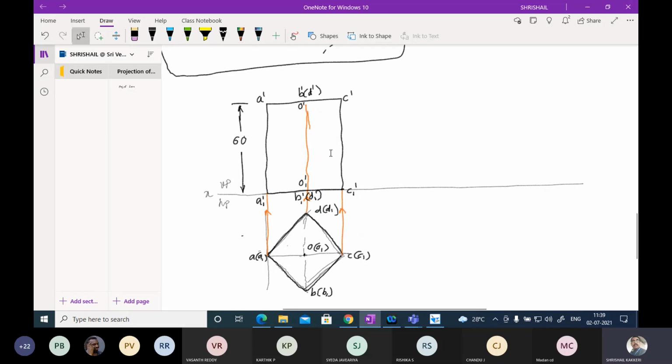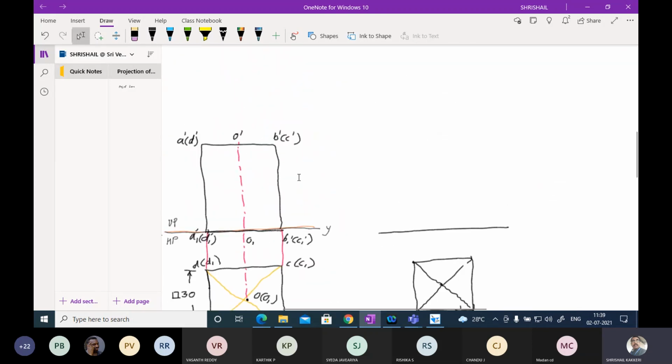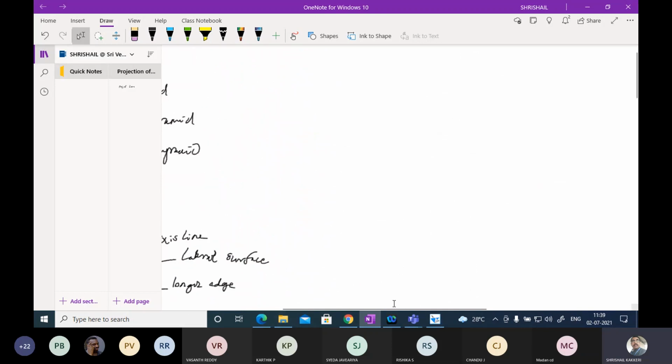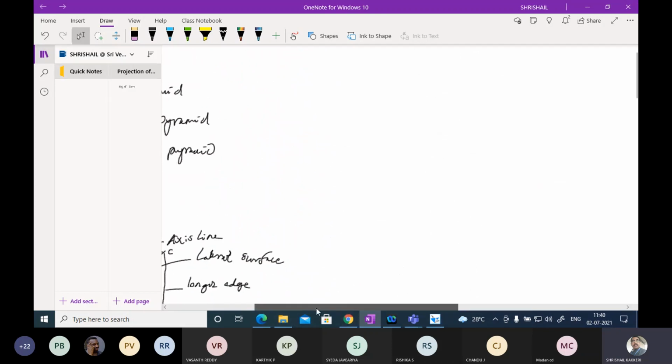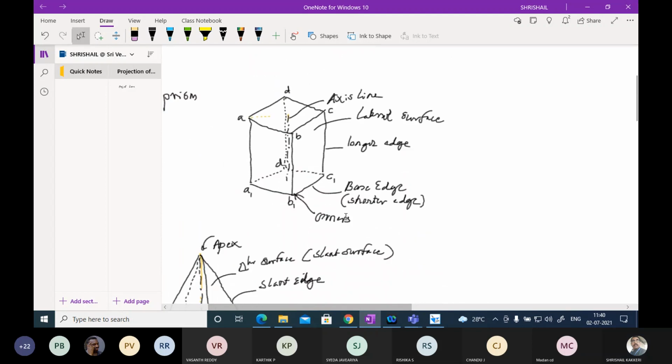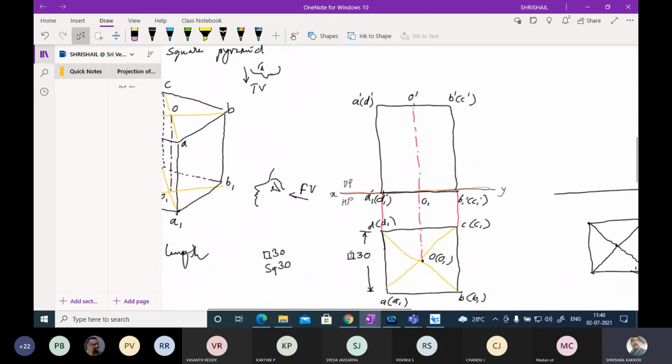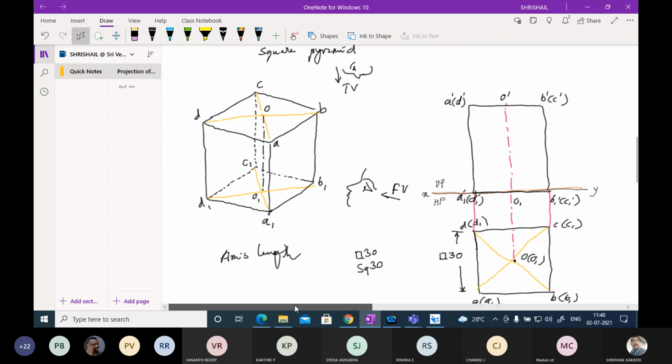Already I have shown here. You can look at the figure which I have drawn. Look here, this is A, A here and A1 here.